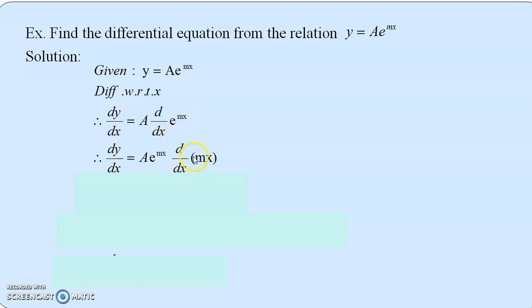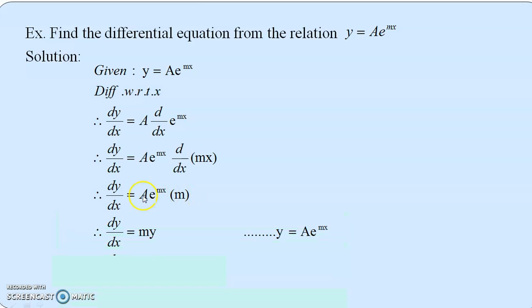So we get dy by dx is equal to a into e raised to mx as it is, and just find out the derivative of mx. m is the constant term, so just write down this constant term first and then take the derivative of x. The derivative of x is 1. So 1 into m is equal to m.